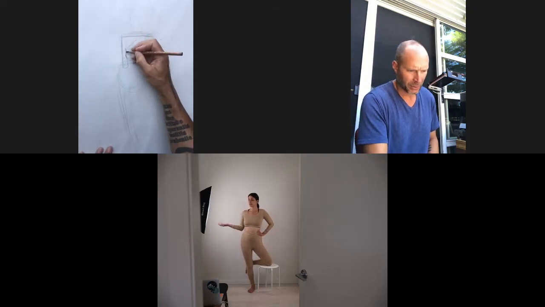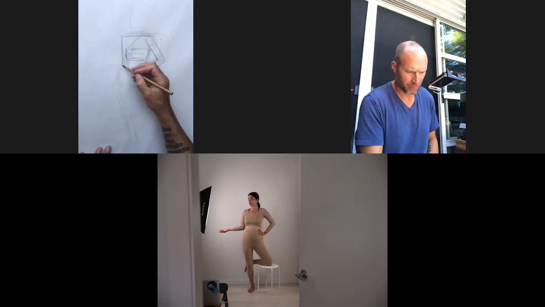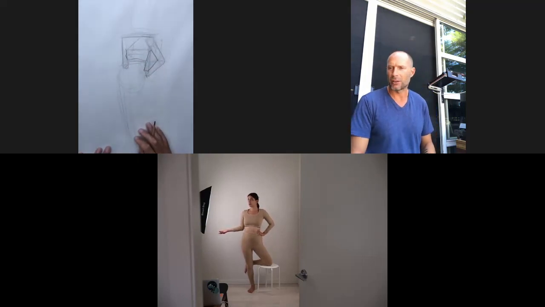Right? And then start to augment all of the other stuff in and around.